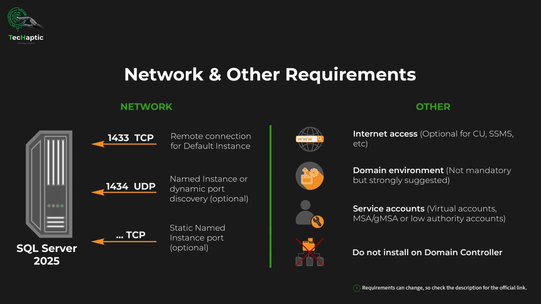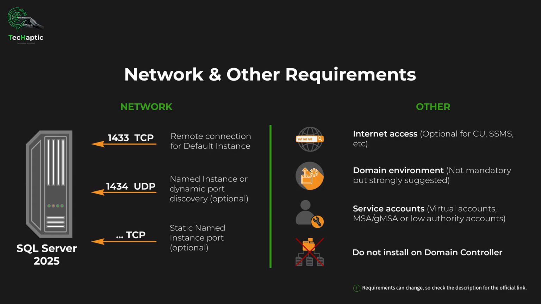On our next page, we have the network and other prerequisites. The most common connection port for a SQL Server default instance is TCP 1433. But for this port to be usable, the TCP/IP protocol must be enabled on the SQL Server side, and the necessary access must be allowed on the network. If you are using a named instance, things are a bit different.